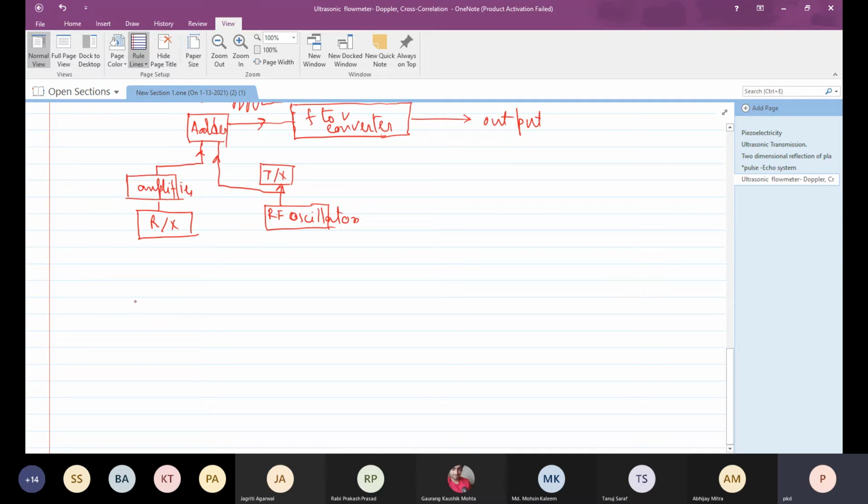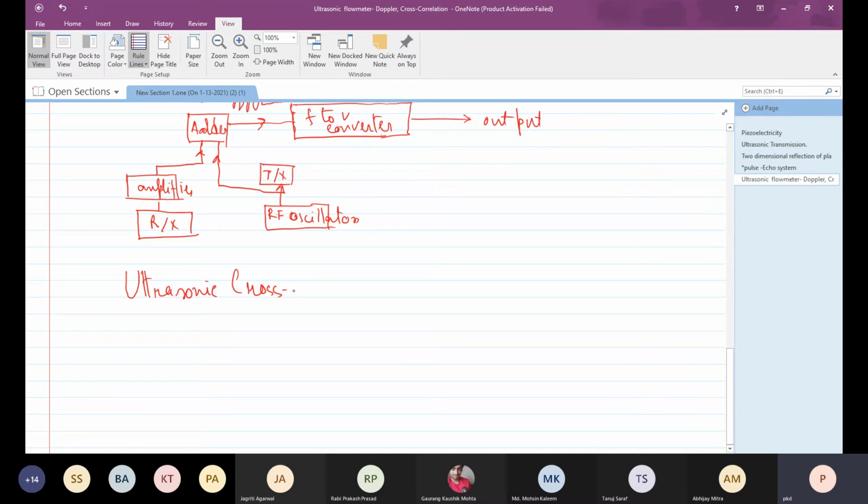So our next topic would be the ultrasonic cross correlation flow meter. You have studied cross correlation flow meters in Devices 1 while discussing flow meters. Here we are discussing the ultrasonic cross correlation flow meter.